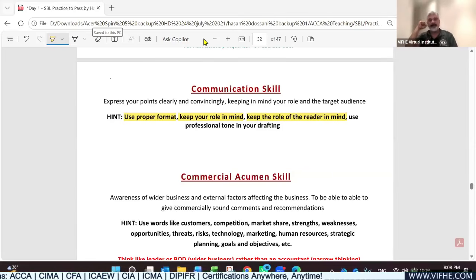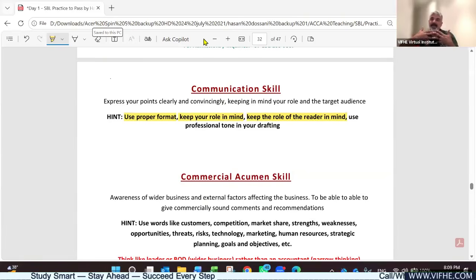For example, your reader might not be a finance professional. It might be the board, it might be the CEO, it can be the HR director. They are not finance people, right?